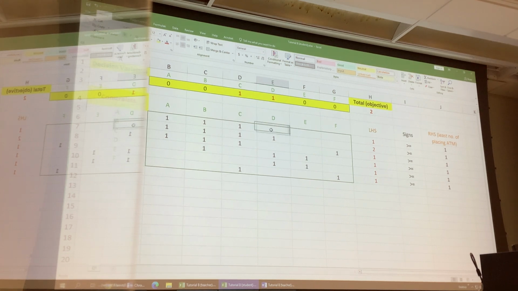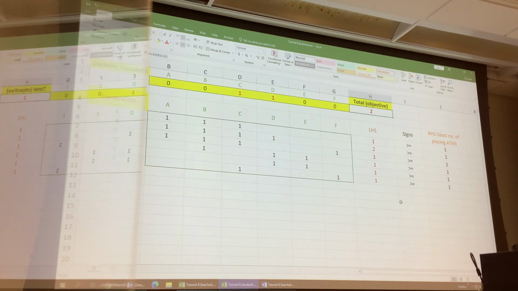As you can find, 0 means that the bank won't place the ATM here, right? So A, B, E, F, the bank won't place the ATM, and for C and D, the bank will place the ATM there. So that is the interpretation of these solutions from the solver.